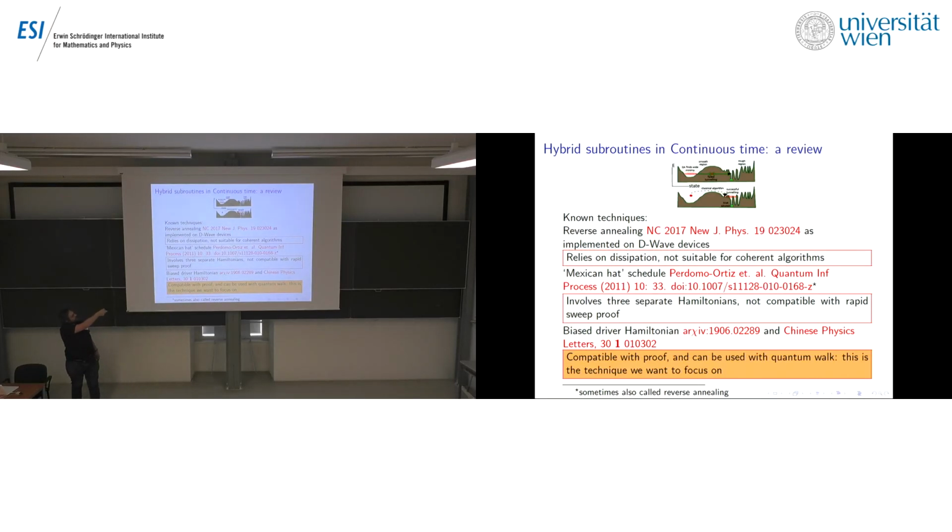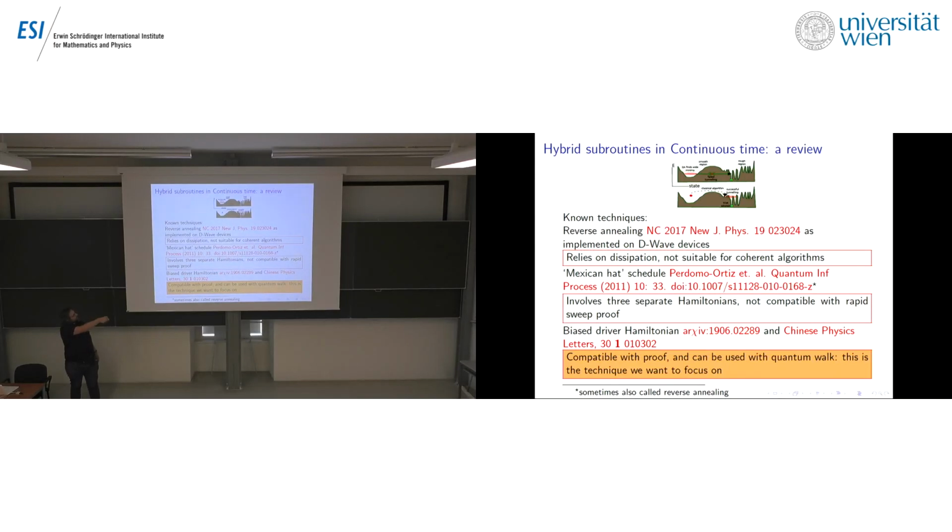There's a Mexican hat schedule, which was proposed by Perdomo Ortiz et al. That one isn't compatible with the proofs I gave a few slides ago, or the sketch of a proof I gave on how these sweeps reduce energy, because it involves 3 separate Hamiltonians.